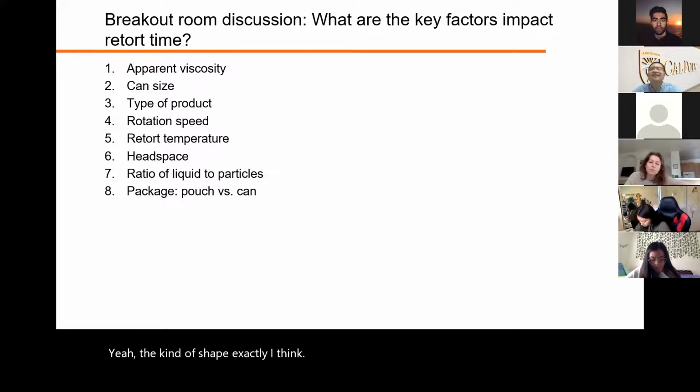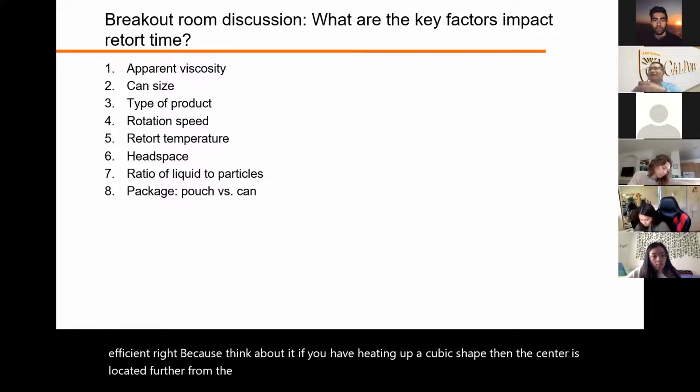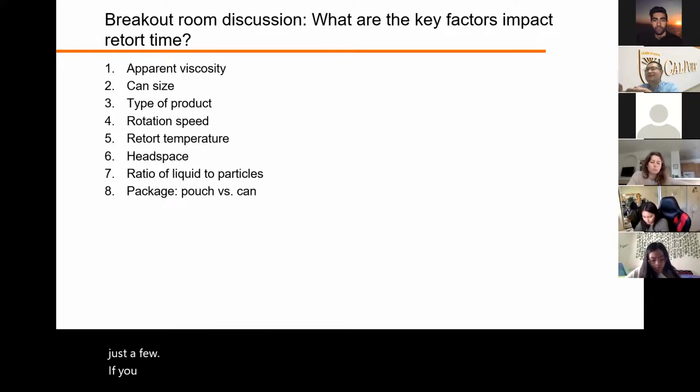To my understanding, with the tall and skinnier can, the heat penetration should be more efficient, right? Because think about it, if you are heating up a cubic shape, then the center is located further from the surface. But if you have a very thin side, then the center might be just a few fingers from the surface, right?